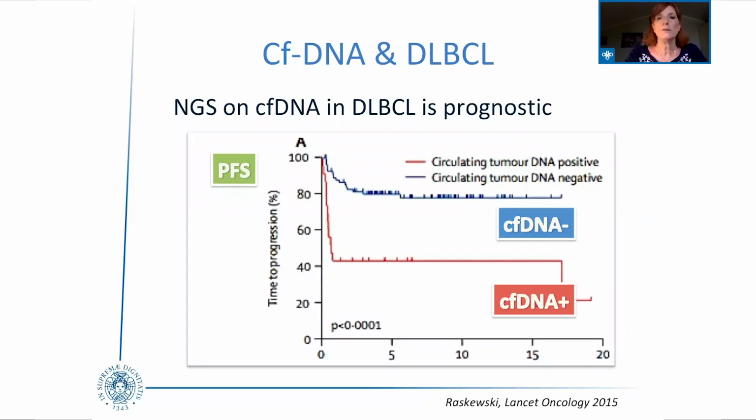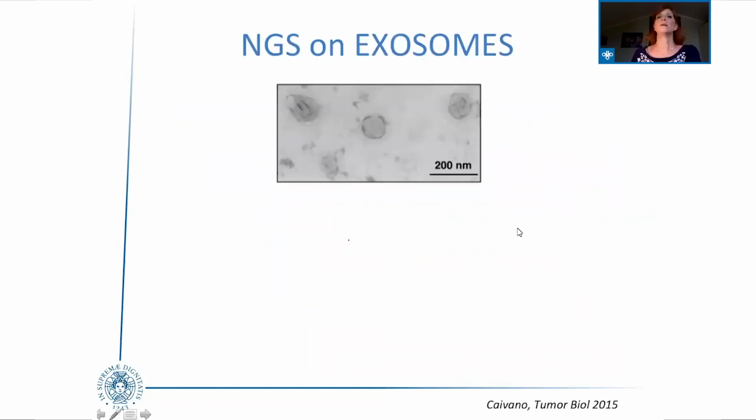The so-called third compartment, plasma, can be relevant when we use NGS for assessing MRD on cell-free DNA. And you can see here the progression-free survival curves when we use NGS for testing MRD on cell-free DNA. Another interesting target can be exosomes.